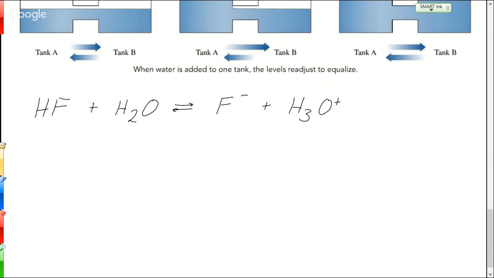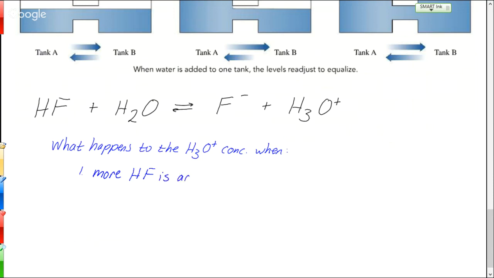The kind of questions we can ask are things like this: What happens to the hydronium concentration when more HF is added?